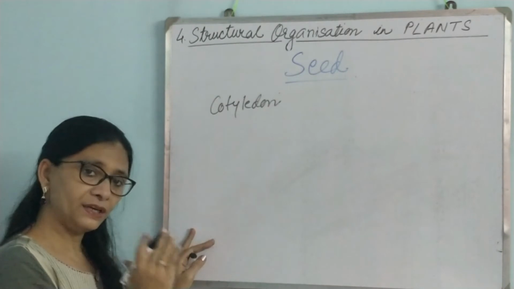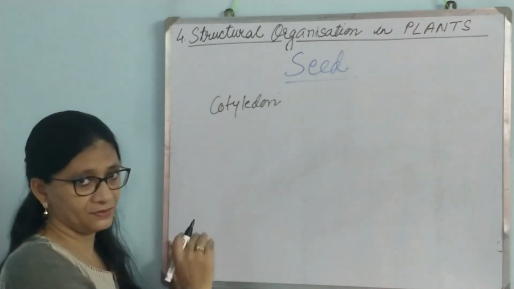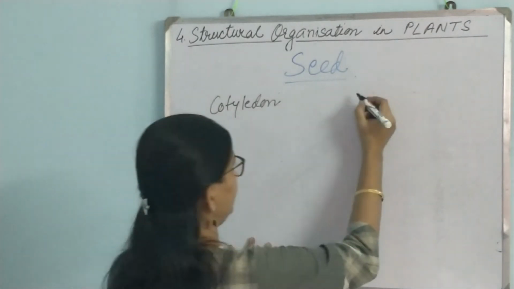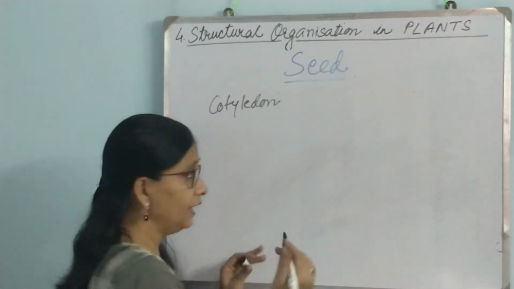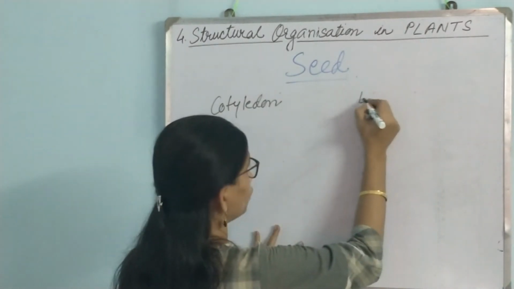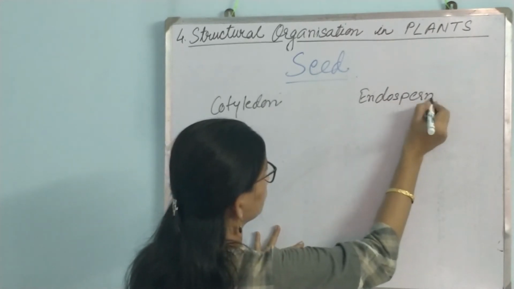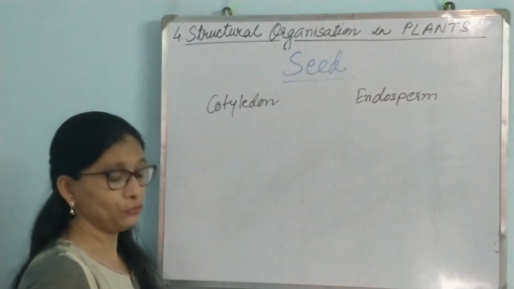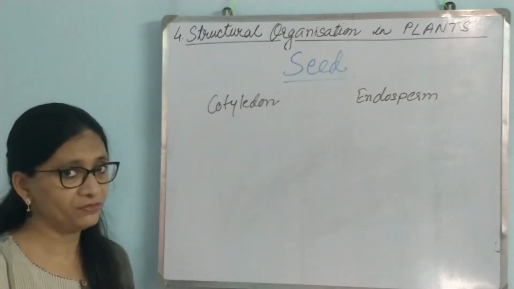How many cotyledons are present in the seed? Based on this, seed is divided. And secondly, another point of classification of seed is the presence or absence of endosperm. So these two are the criteria on which seeds are divided.